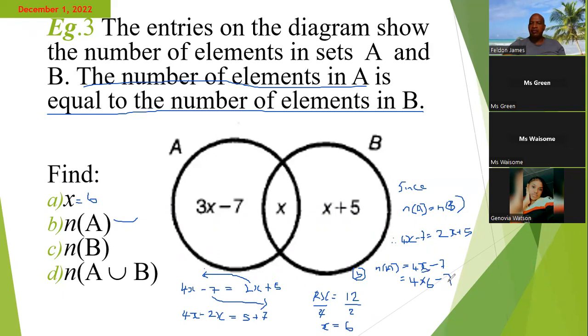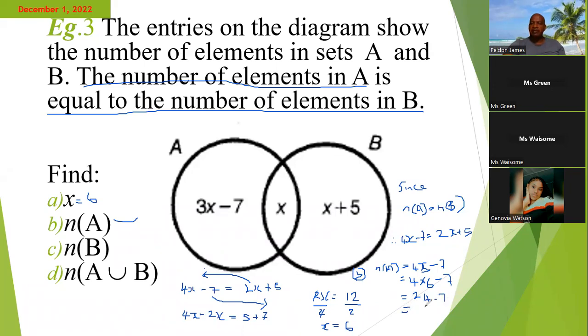If we're following the rule for BEDMAS, we do multiplication before subtraction. So 4 times 6 is what? That gives you 24 minus 7.